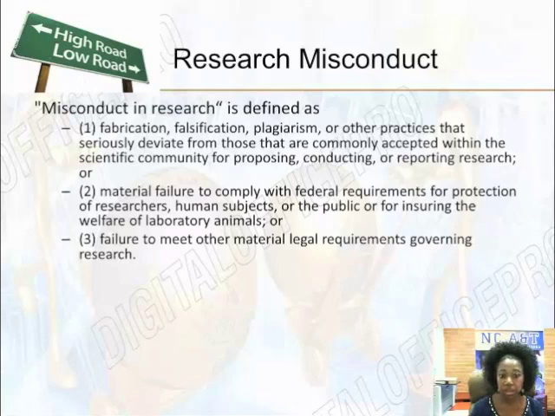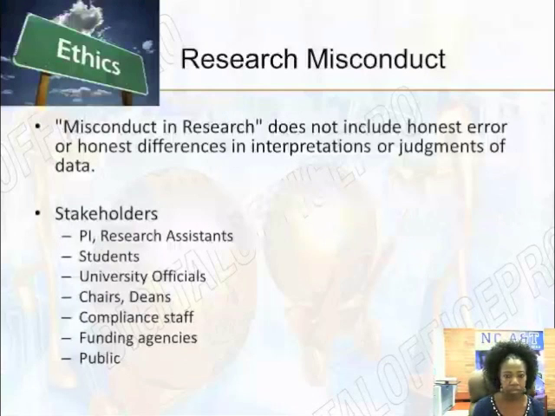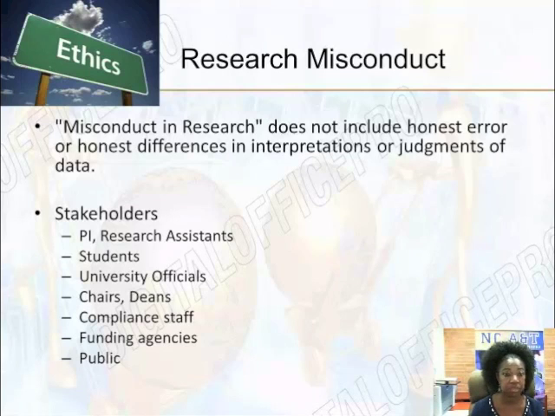Or it's a material failure to comply with federal requirements for protection of researchers, human subjects, or the public, or for ensuring the welfare of laboratory animals, or failure to meet other material legal requirements governing research. Research misconduct does not include honest error or honest differences in interpretation or judgments of data.